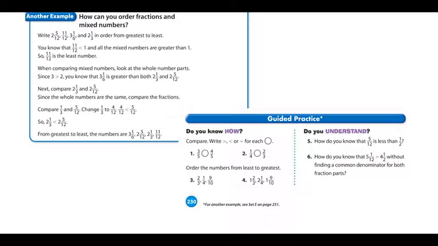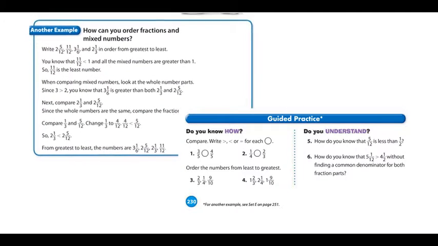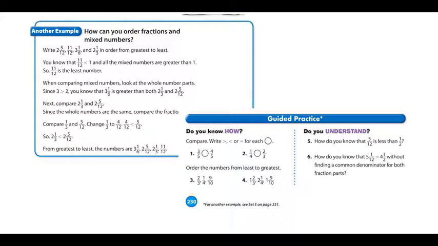All right, now look below in another example on page 230, and you will see now we're going to talk about comparing or ordering mixed numbers. You don't need to write these down, but it's showing these mixed numbers, 2 and 5/12, 11/12, 3 and 1/6, and 2 and 1/3, from greatest to least. In mixed numbers, first of all, look at the whole number.